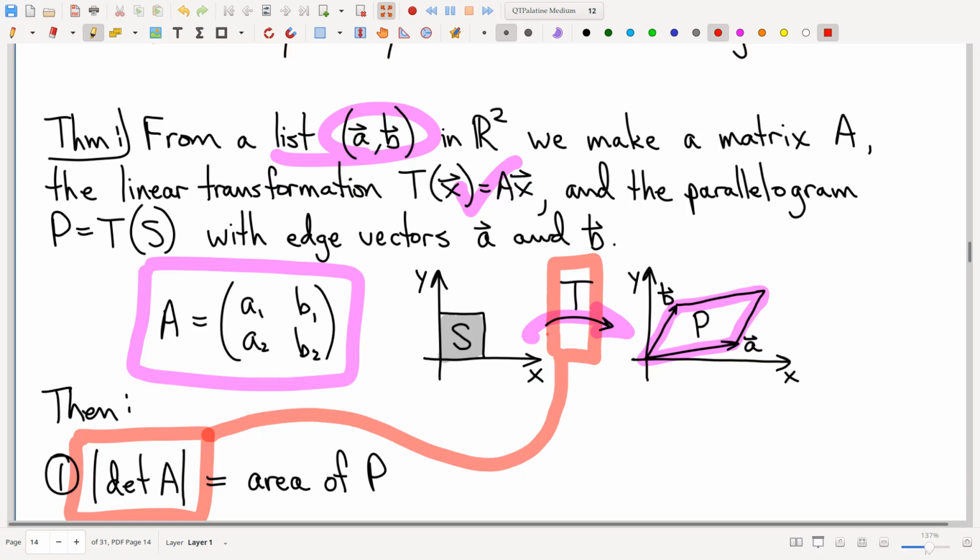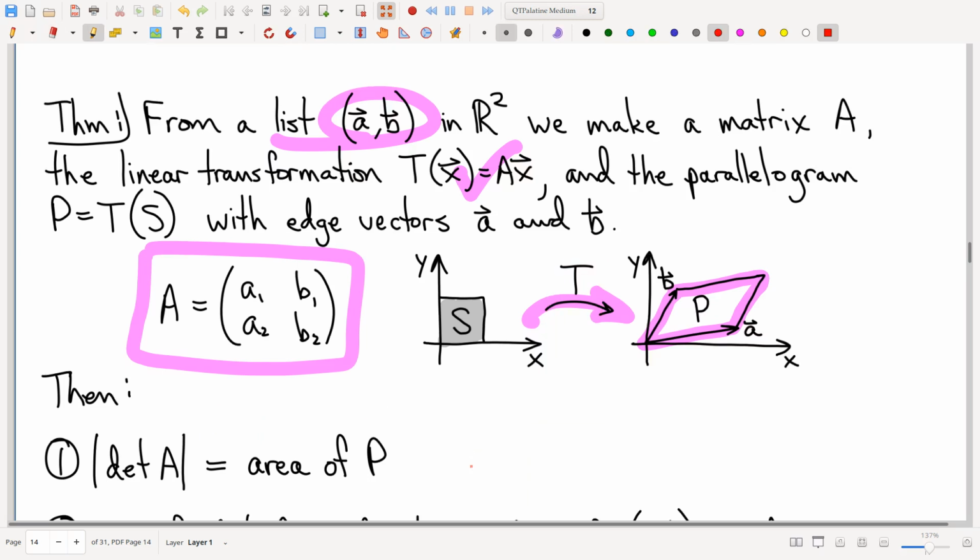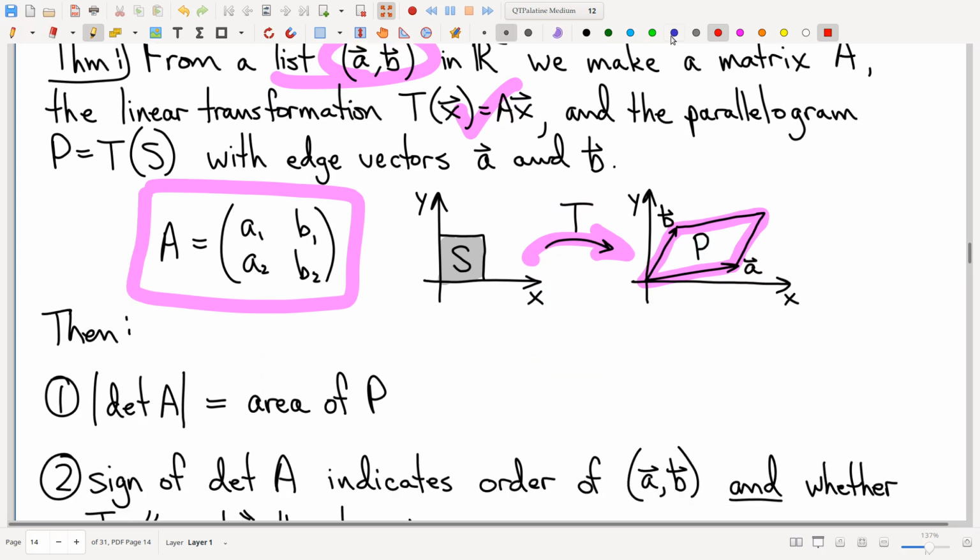So there's that. The other thing that we can learn about these objects concerns the sign of the determinant. Plus or minus. I claim it's going to tell me the order of the list, which is really surprising. Most of the time, what would be your guess as to how you would determine whether a list of two vectors is clockwise or counterclockwise?